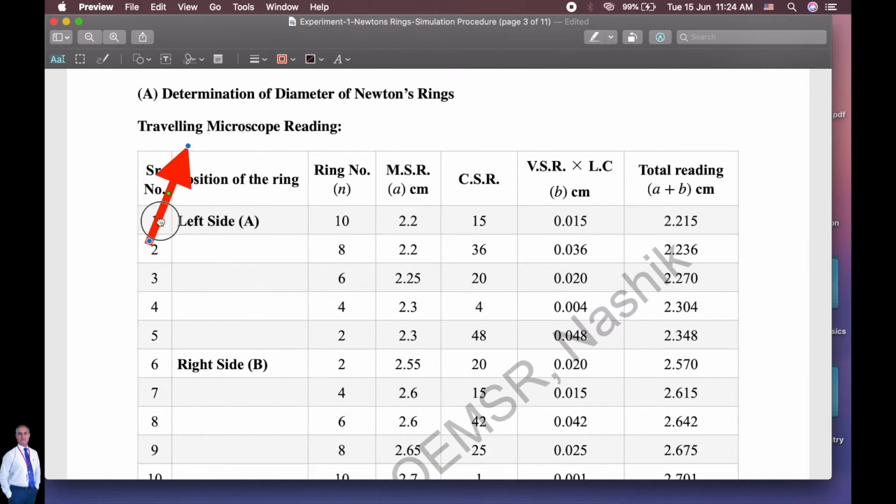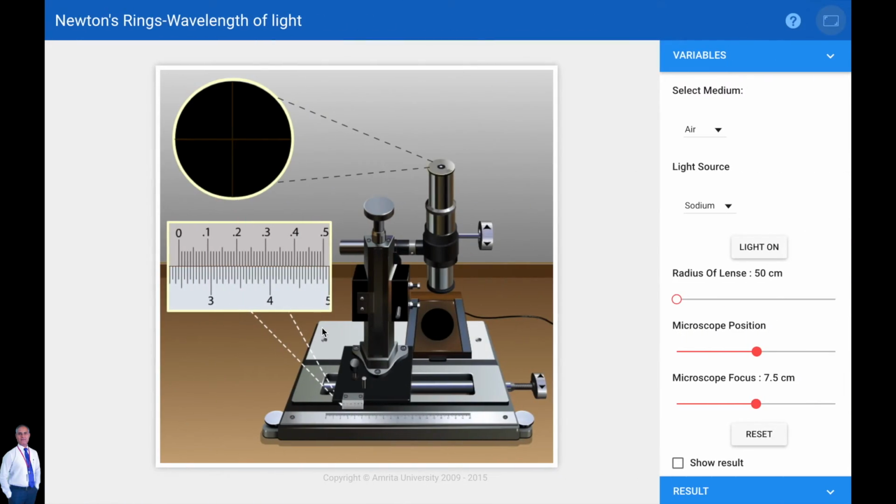This is the serial number, position of ring on left hand side, let's say A, ring number, starting from 10, 8, 6, 4, 2 and so on, then main scale reading, then circular scale reading into least count, and then the total reading we can find out. First of all we have to find out the diameter of Newton's rings. So let's go to the left hand side. Now again let's go back to the simulation.